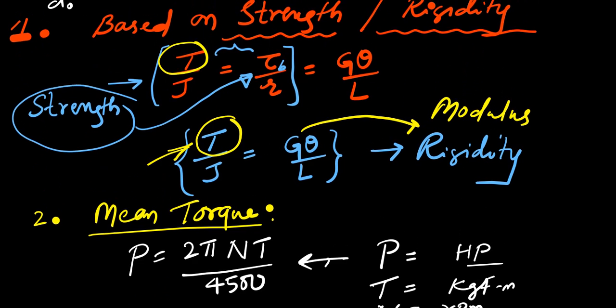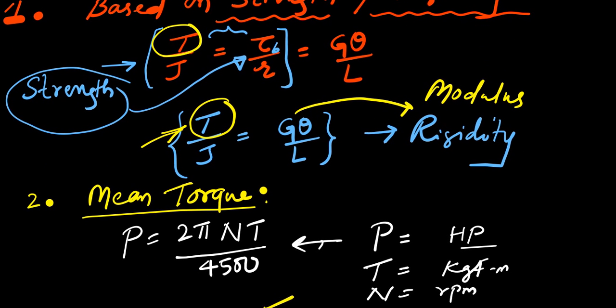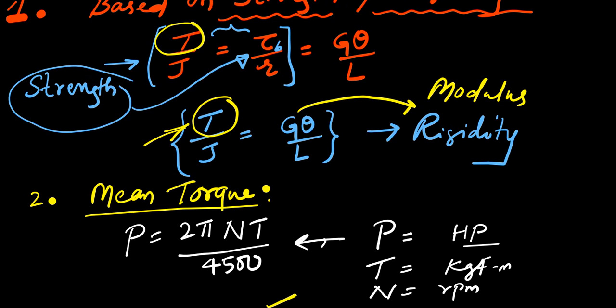Later you can calculate the modulus of rigidity if it is required. Otherwise, if it is based on strength, you just have to calculate the bending moment based on the condition of the shaft, like a simply supported beam, a cantilever beam, and also different loading conditions, each of which has its own formula that you have to substitute.